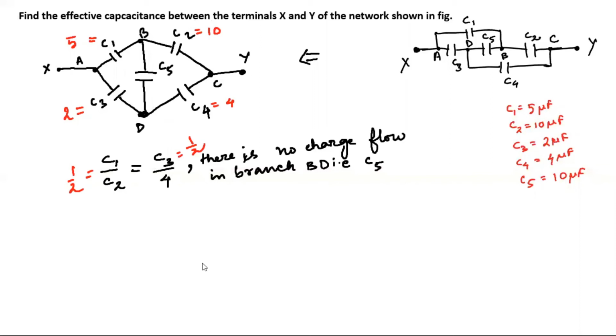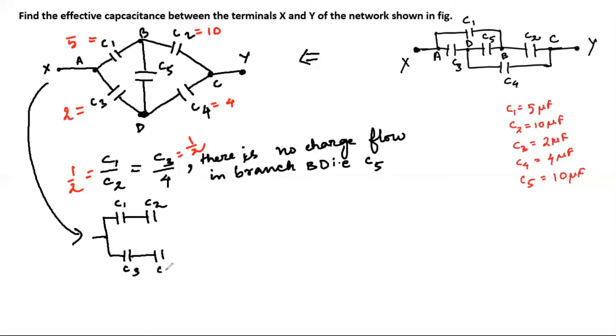So then what we will do, we will redraw this circuit diagram in a simple form. Okay, we are going to draw it in this manner. C1, this is C2, this is C3, and this is C4.